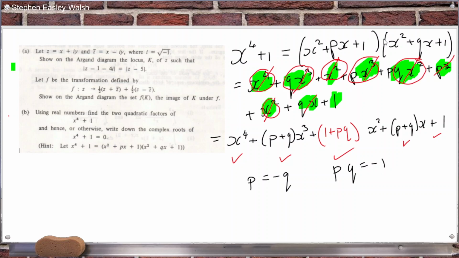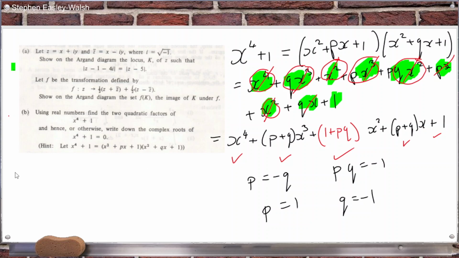Oh, so actually it doesn't matter which one we choose as positive and negative because of symmetry here. So we can just go with p equals 1 and q equals minus 1. But of course the other way around is perfectly valid. And again, we can swap these factors, so it doesn't matter. So okay, I have the p and the q.